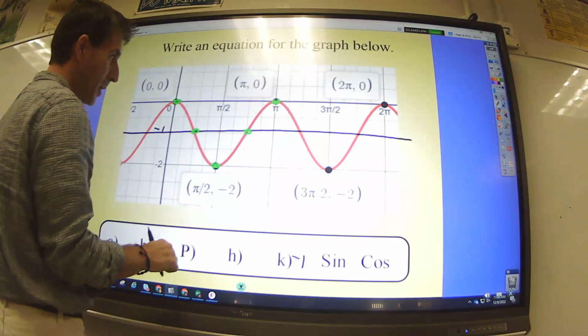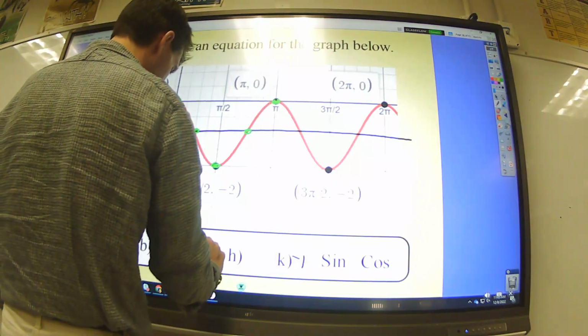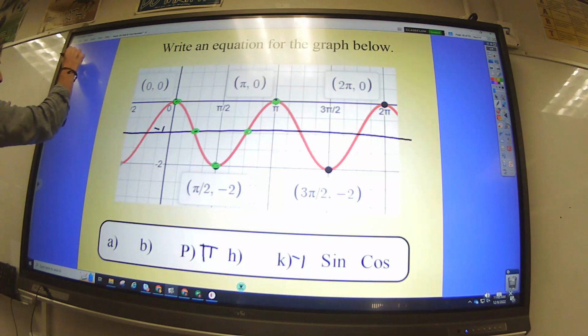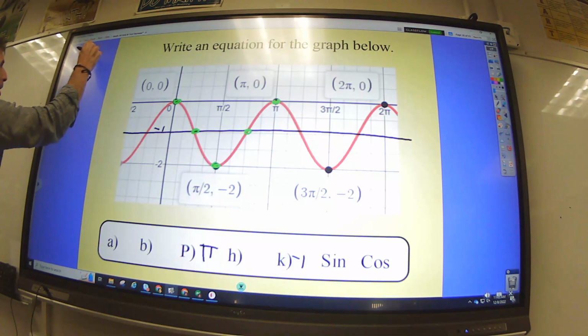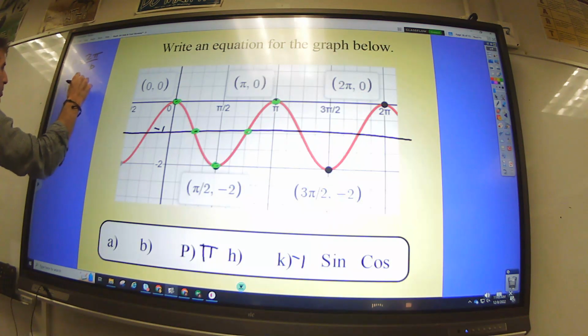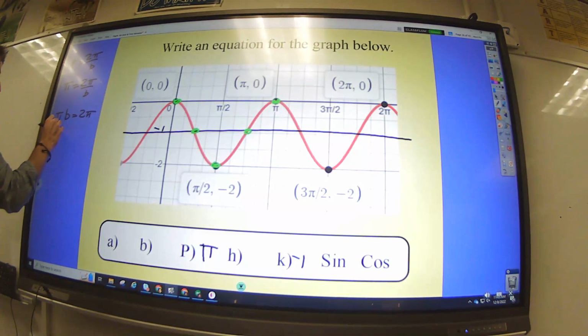My period ends at pi. And to figure out my B, I'm going to go period equals 2 pi over B. And I got my period is pi equals 2 pi over B. Multiply both sides by B. Divide by pi.